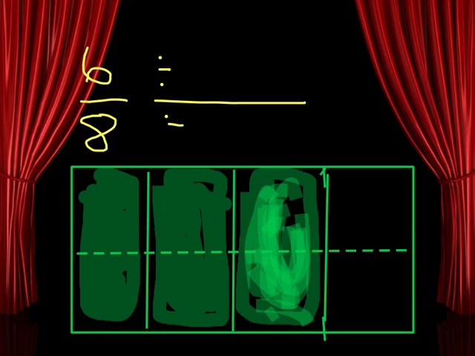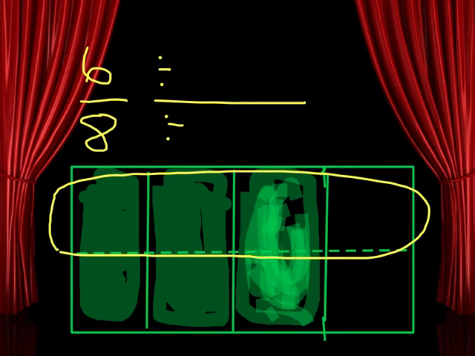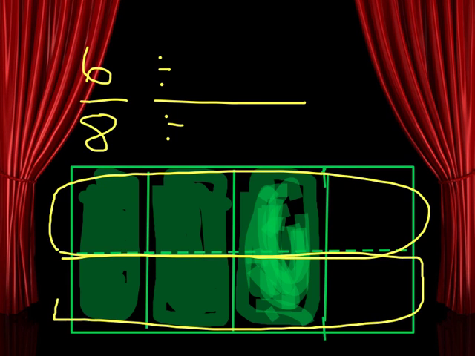So we have 1, 2, 3, 4, 5, 6, 7, 8. So I know that we have 8 parts, and we're using 6 of those parts. Now if I look at this, this is divided into 2 parts here, 1 part here, and 1 part here.